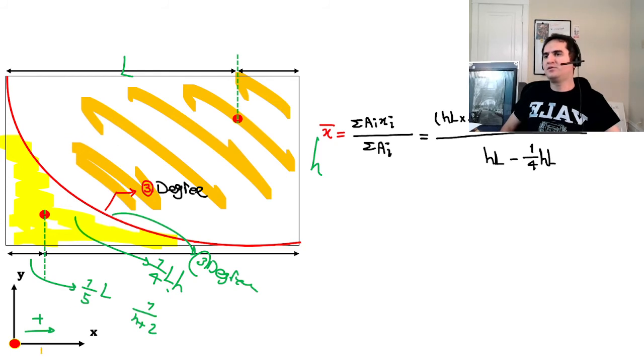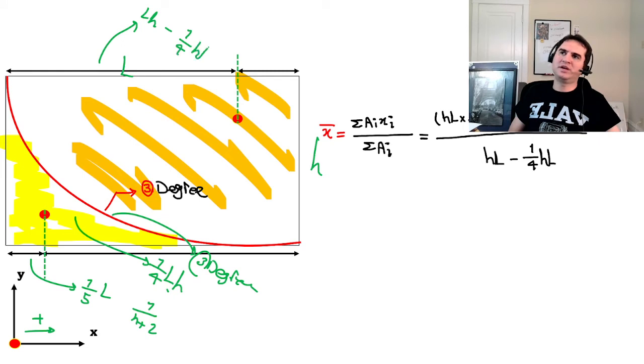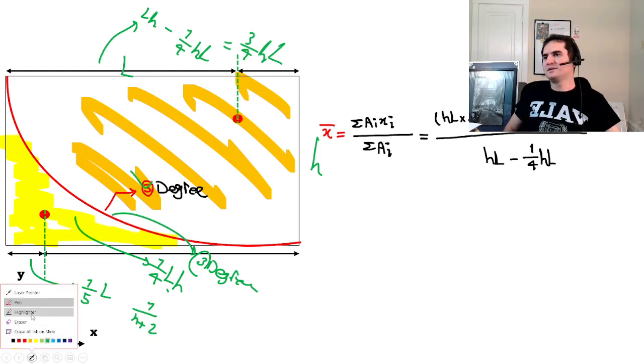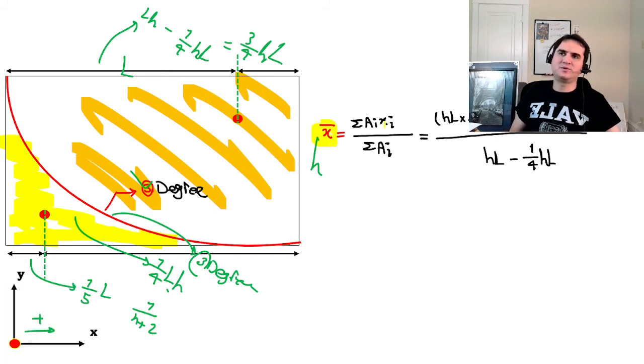We know the area for this part is LH minus 1/4 of HL, which is 3/4 of HL this time because that's a third degree curve. For x bar, we just need to do the mass like this. X bar is the summation of AI xi over the summation of AI, and that's a subtraction of the total rectangle minus a smaller parabolic spandrel of third degree.